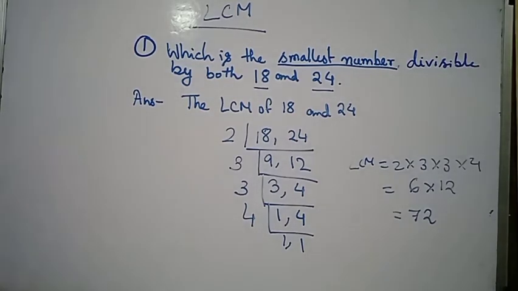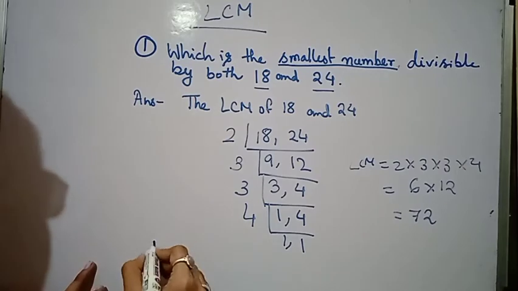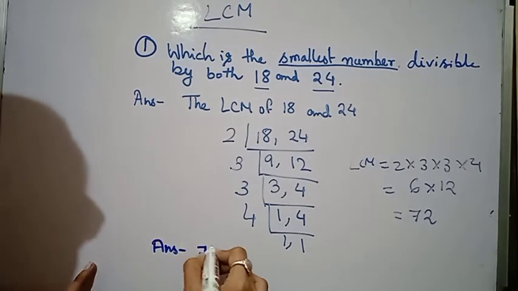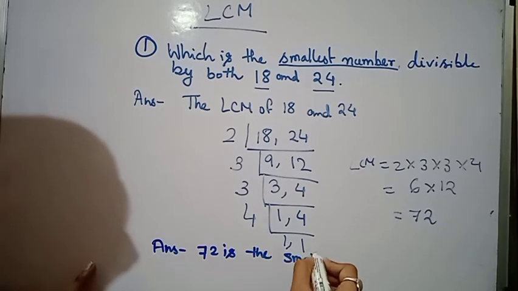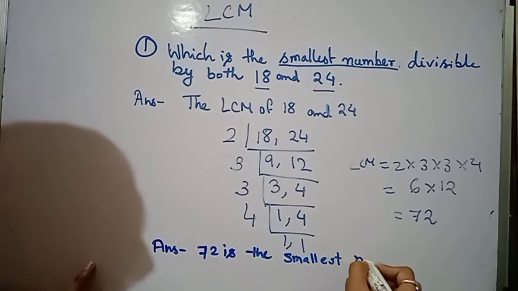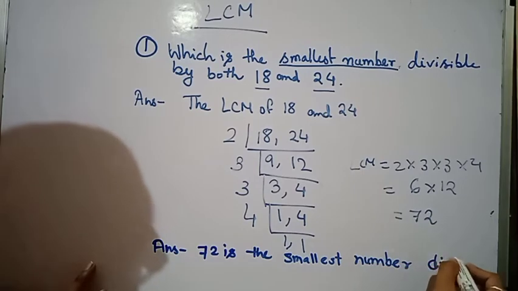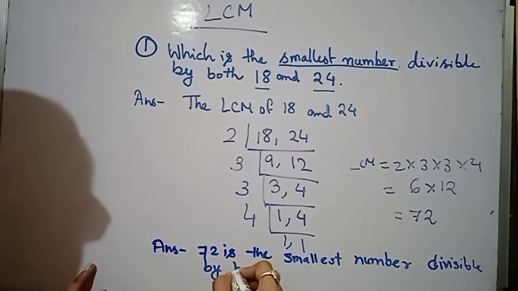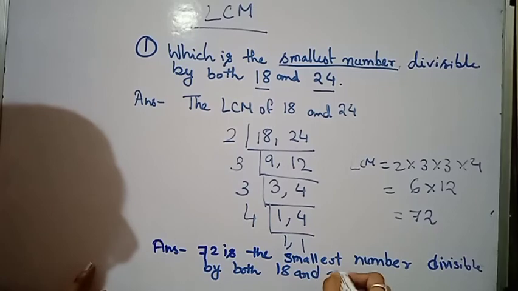So in the last we will write the answer as: 72 is the smallest number divisible by both 18 and 24.